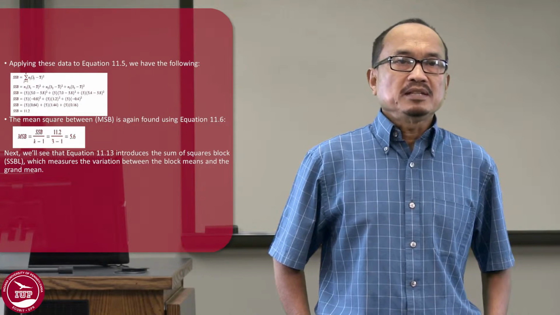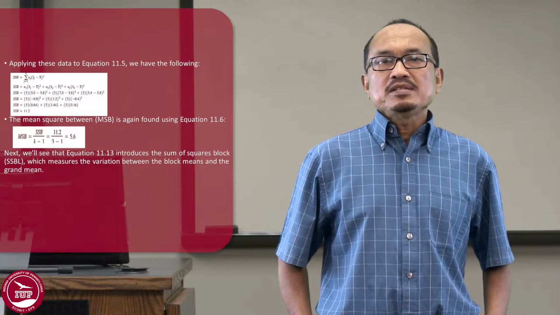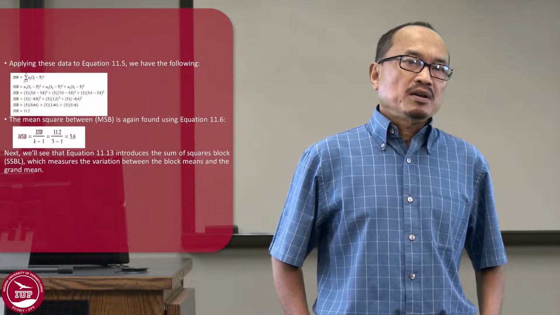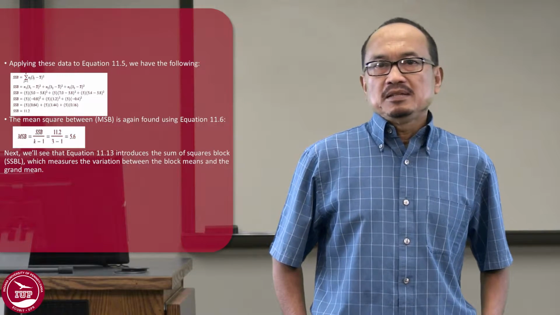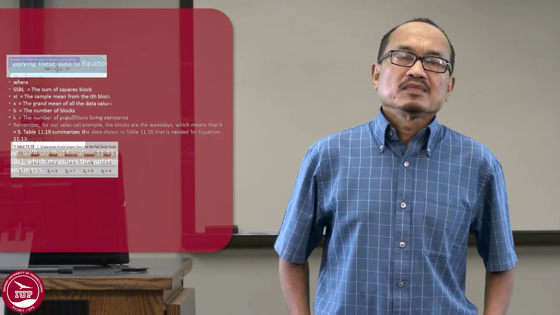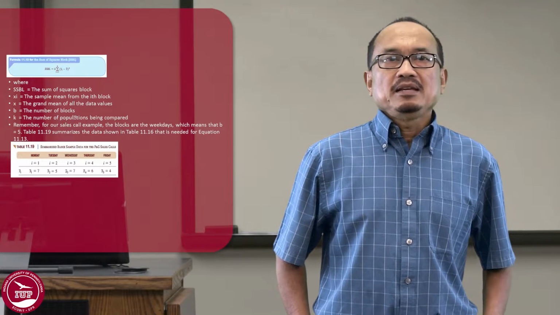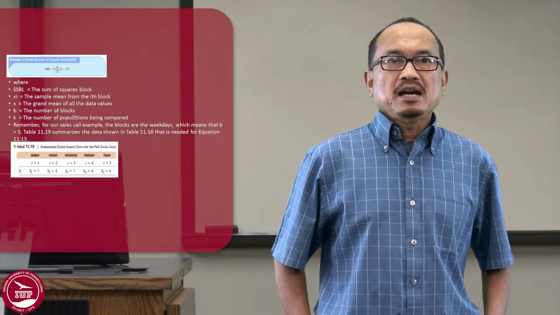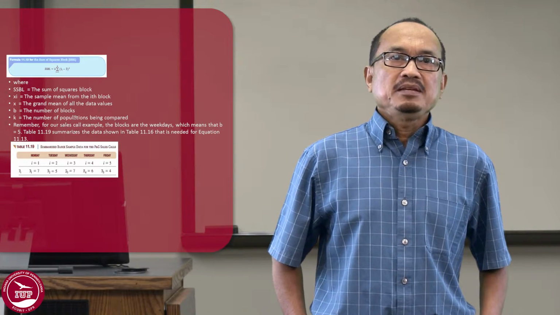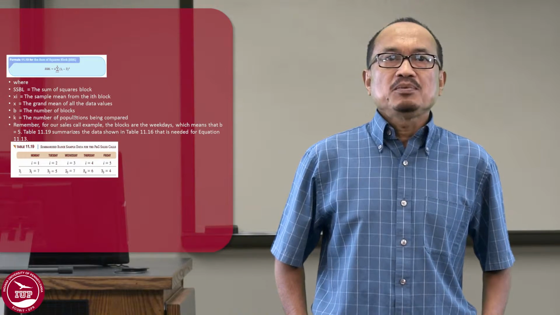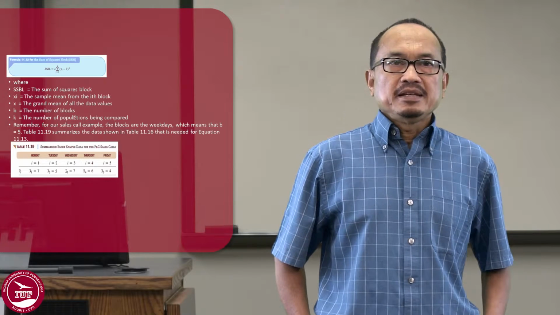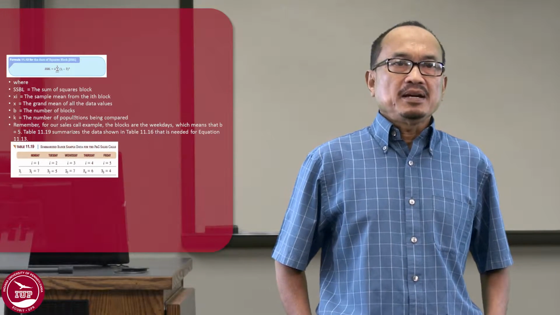Next, we will see that equation 11.13 introduces the sum of square block, or SSBL, which measures the variation between the block mean and the grand mean. Where SSBL is the sum of square block, Xi is the sample mean from the ith block, X double bar is the grand mean for all the data values, B is the number of blocks, K is the number of populations being compared.